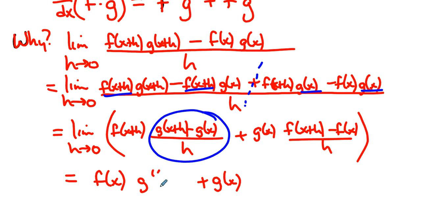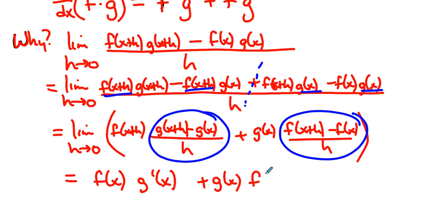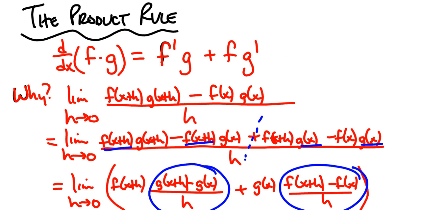This is g prime. Similarly, that f of x plus h minus f of x over h, take a limit. That is f prime. What do we get? One function times the derivative of the other function times the derivative of the one. That's the product rule.